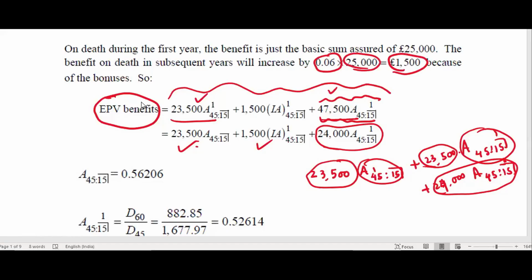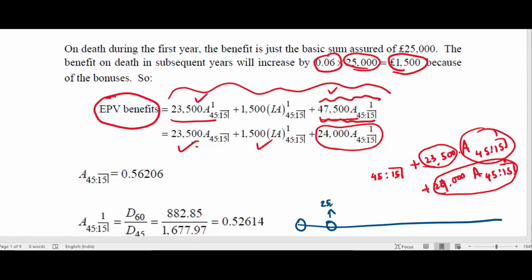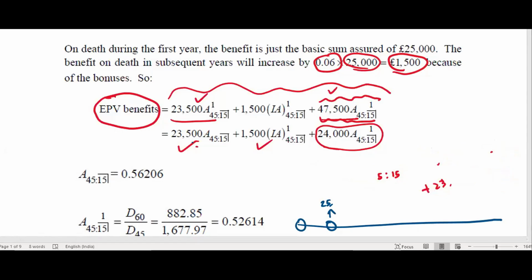If you write in a number line, the benefits will be like this. Here 25,000. Let me erase all. Here 25,000.